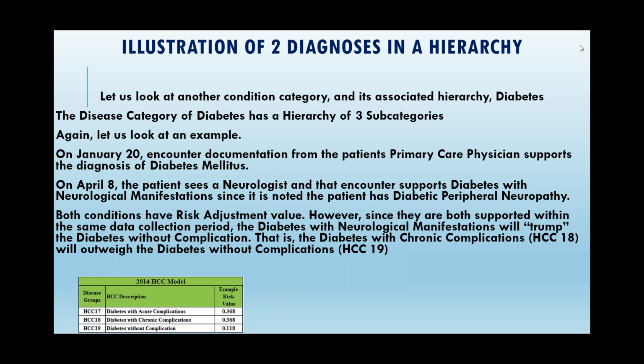Again, both conditions have a risk adjustment value. However, since they're both supported within the same data collection period, the diabetes with neurological manifestations will trump the diabetes without complication. That is, the diabetes with chronic complications, HCC 18, will outweigh or trump the diabetes without complications, HCC 19.